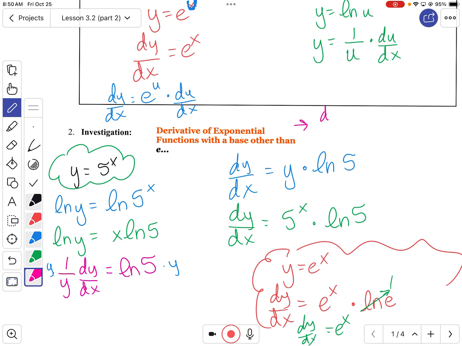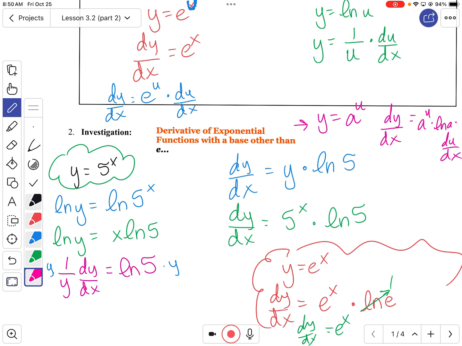If y is equal to, let's call it a to the u. Okay, a being a number, u being a function of x. All right. Then dy/dx is going to equal a to the u times the ln of a times du/dx, meaning do the chain rule on your exponent.